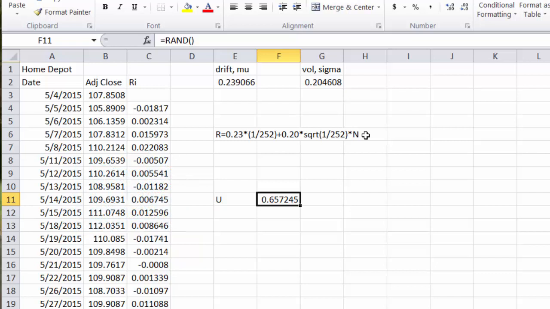Well, the book says, all right, I'm going to add 12 of these things together. So let's do it the book way right now.